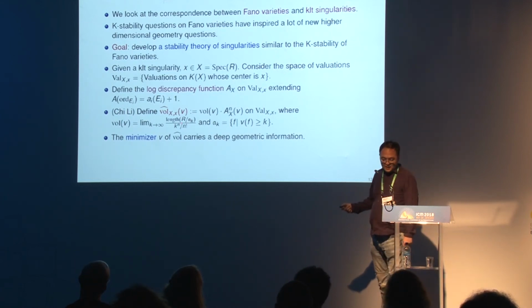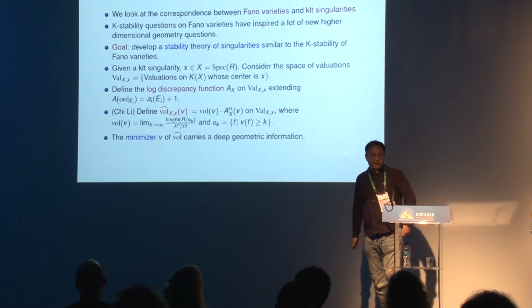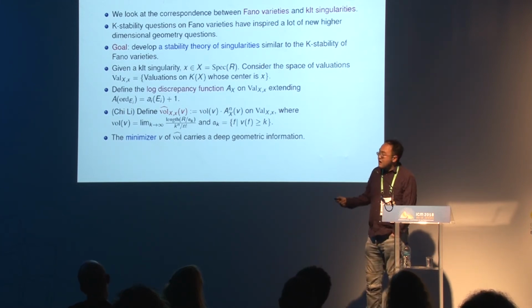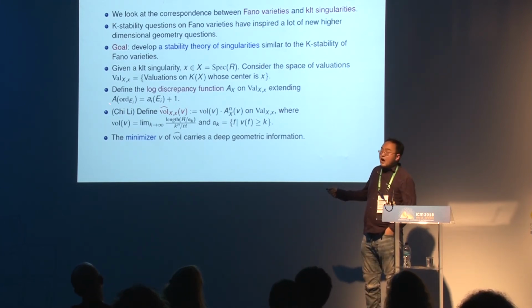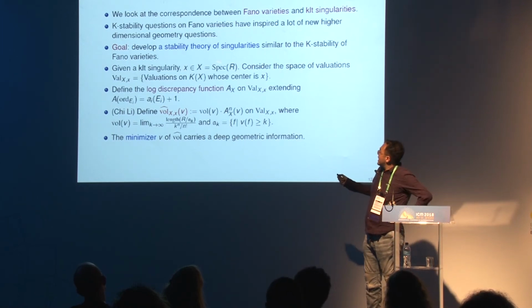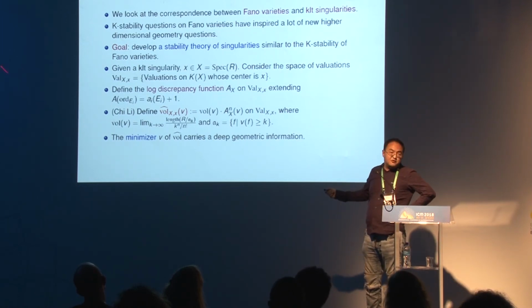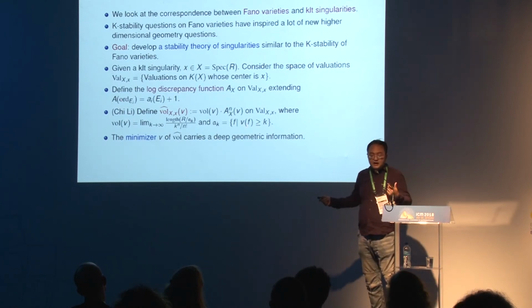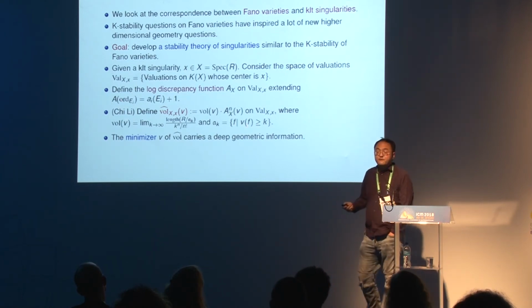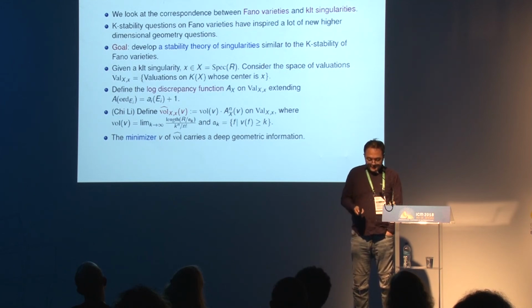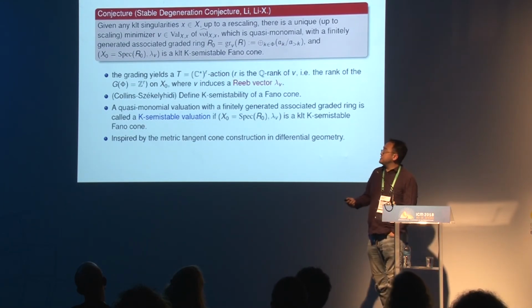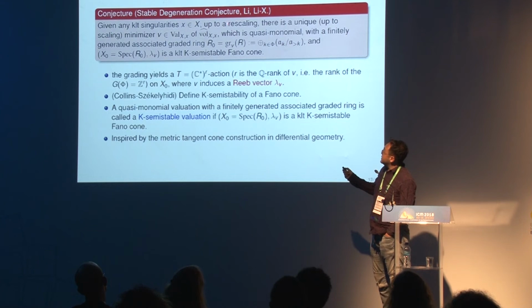And basically the volume is just defined by the colength of the valuative ideals, the growth of the colength. And what Chi Li proposes is to look at the minimizer of this normalized volume. Because I define this function on this space, I can look at the minimizer. And what he proposes is that this minimizer actually carries very deep geometric information. This was formulated in what we call the stable degeneration conjecture.